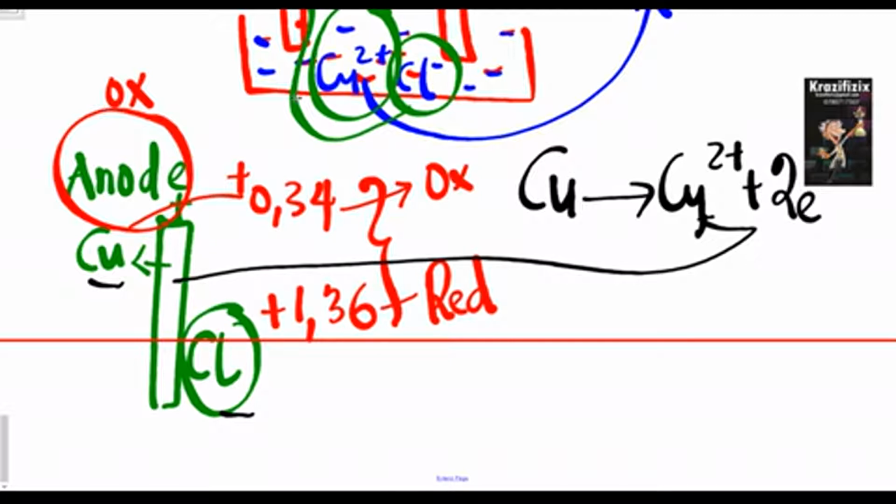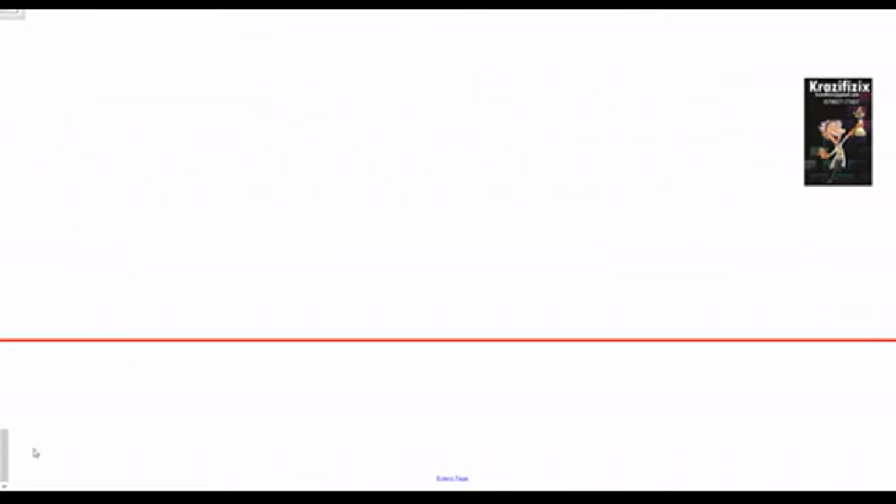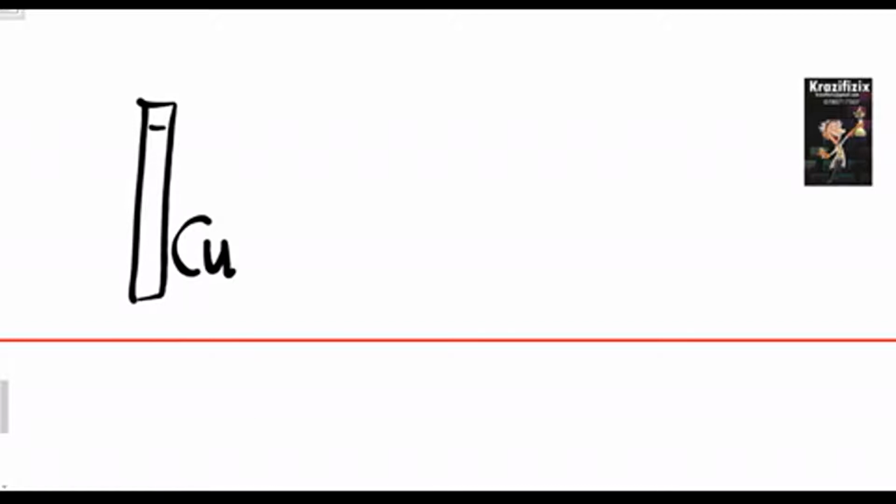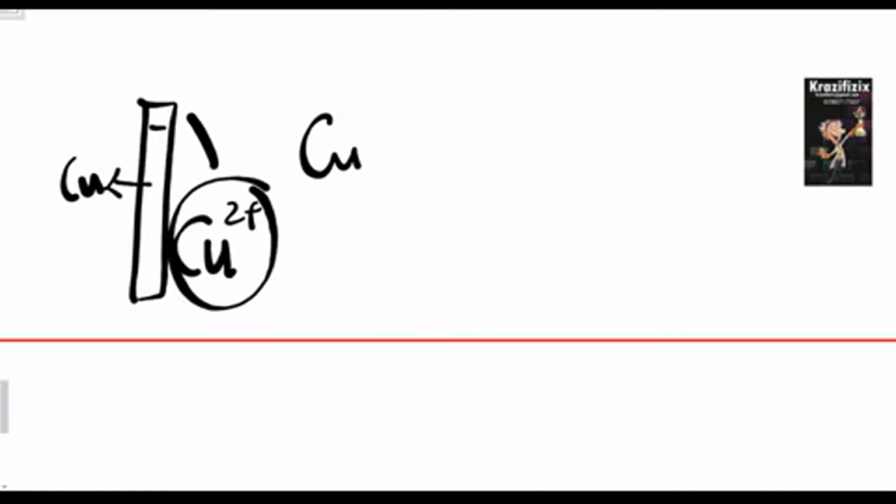Now, what happens at the cathode? Let's see what's going to happen at the cathode. At the cathode, remember what we have. Again, we have our cathode being the negative, and we have Cu2 plus. Now this is the only substance here, and we have Cu. So obviously we're going to have a reduction. Cu2 plus, this is reduction.